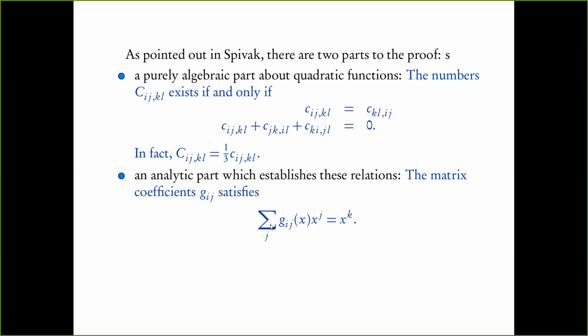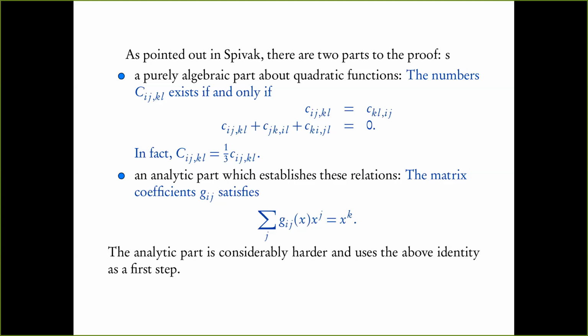I just outlined this because if some of you go back and read Spivak, this is one of the first things it proves. It's considerably harder and it uses this as a stepping stone. But you have to establish that for the Cijkl, which is half of Gij,kl, both these identities are satisfied. So it has two parts, and I'll leave it here. You can go back and read from Spivak.